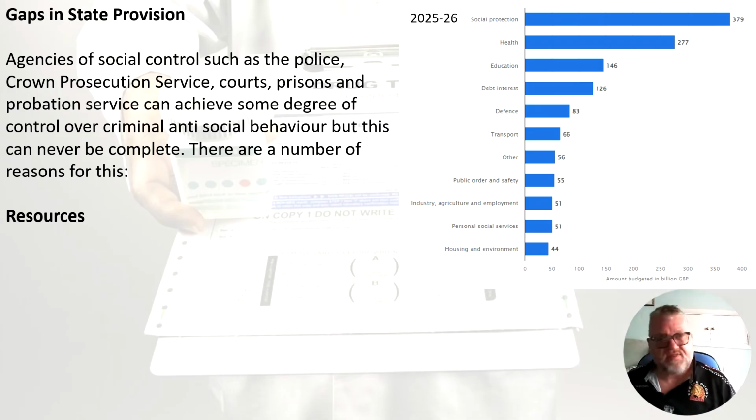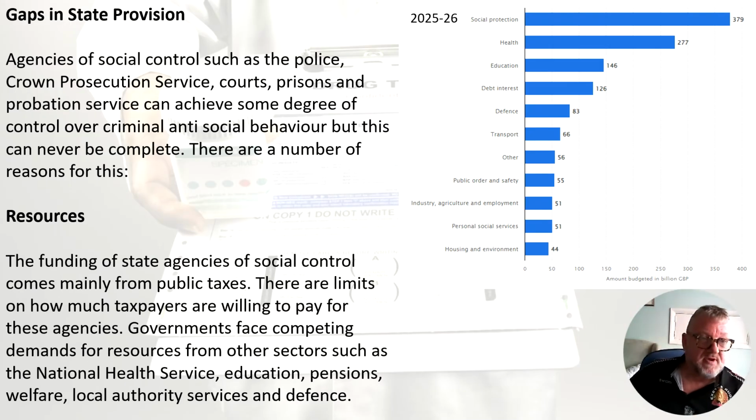And one of the main things is resources, because they're all funded. All the state agencies are funded, most of them, by public taxes. And there are limits to how much taxpayers are willing to pay for these agencies. So governments face competing demands for resources from other sectors such as the health service, education, pensions, welfare, local authority services, defence, etc. They're all competing for a limited pot of money.